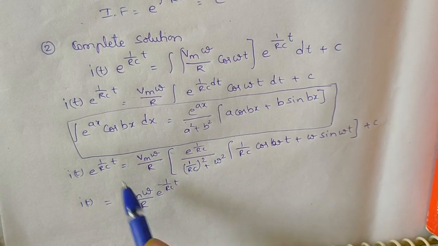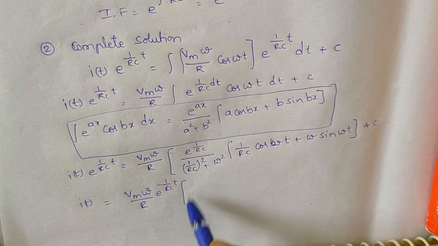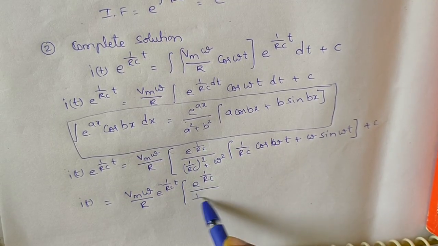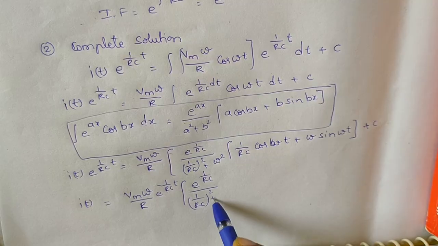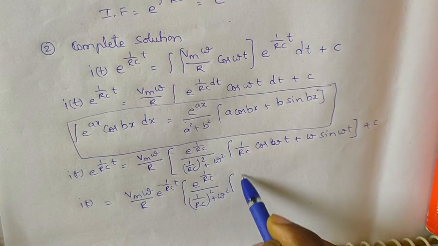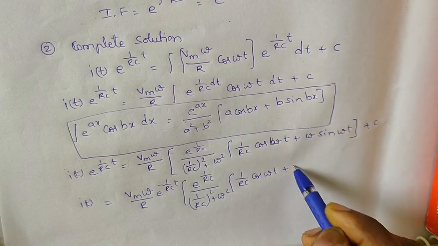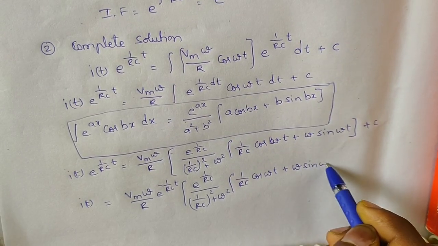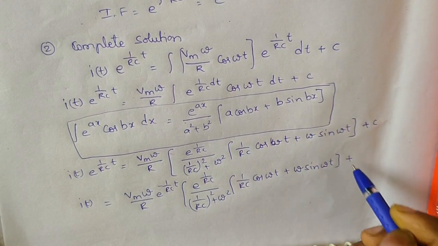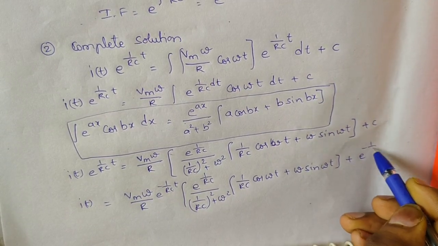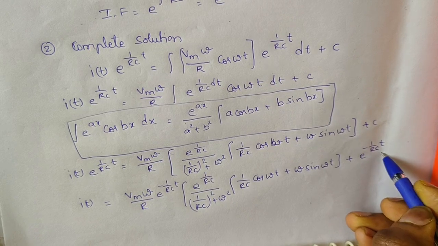This comes here, so it becomes minus, and our equation is e power 1 by RC t by 1 by RC whole square plus omega square, into 1 by RC cos omega t plus omega sin omega t, plus, when this comes here, it will be multiplied by e power minus 1 by RC t into c.